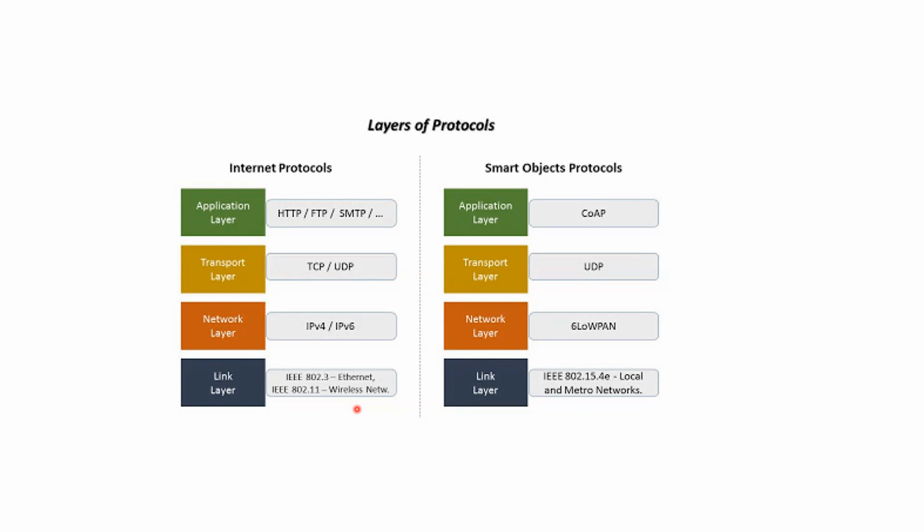Even here, you can observe smart object protocols. Here you can see IEEE 802.15.4e. These are the type of networks called low rate wireless personal area networks, that is LRWPAN.